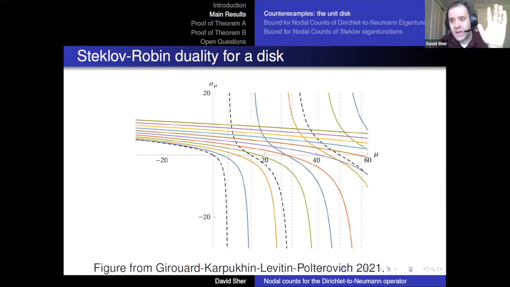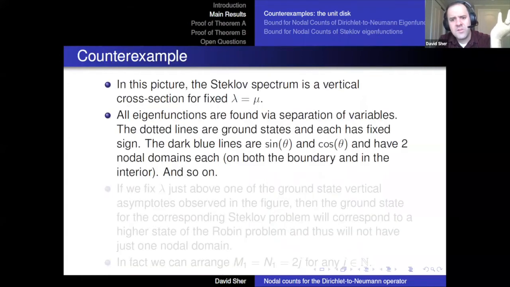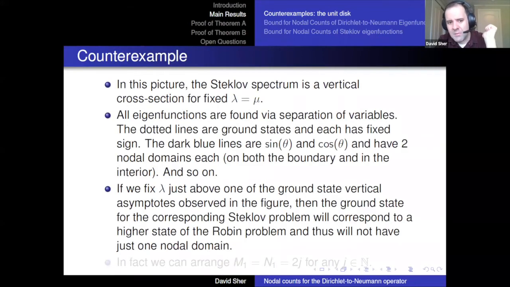The gold lines are going to have 4 nodal domains each. The green lines, it appears, are going to have 6, and so on and so forth. And now all you have to do is pick the right lambda. Namely, if you fix it either just above one of the ground state vertical asymptotes or just below one of the other vertical asymptotes.